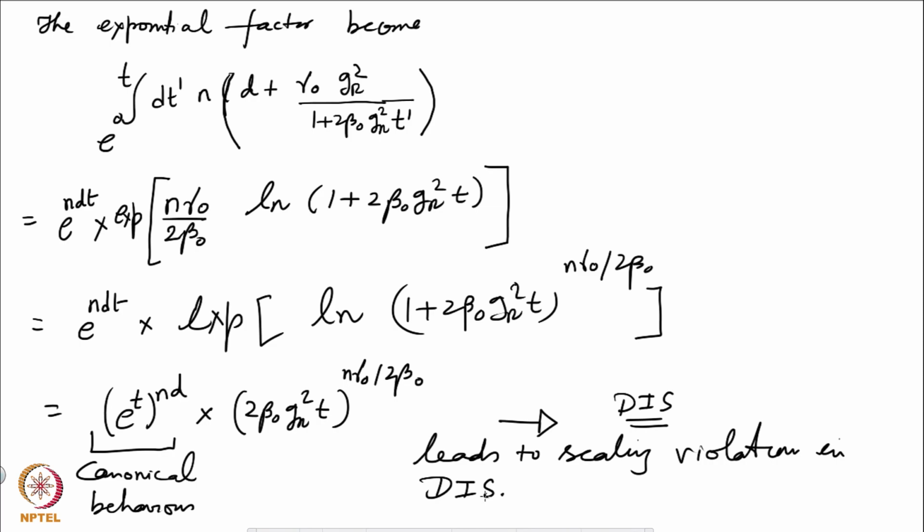But you see that here, even when the theory is almost behaving like a free theory, even in that case, because of renormalization effects, you see this beta naught and gamma naught, these are all coming from renormalization.